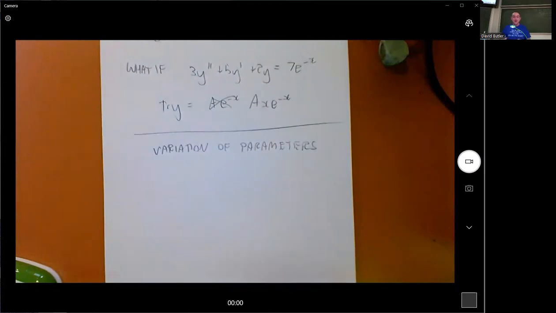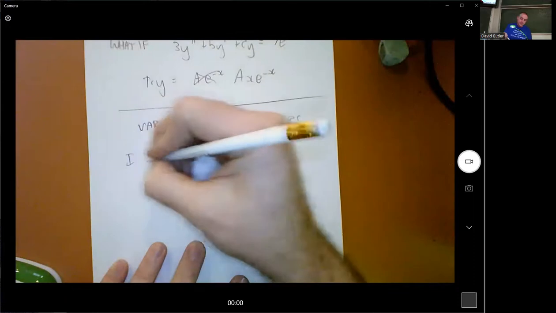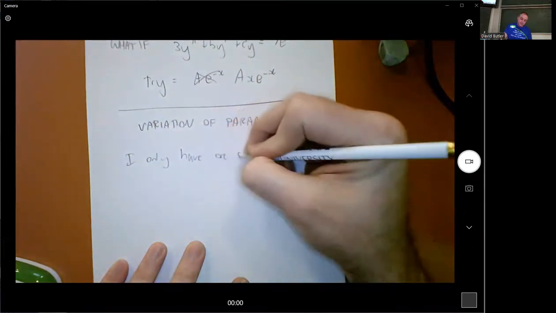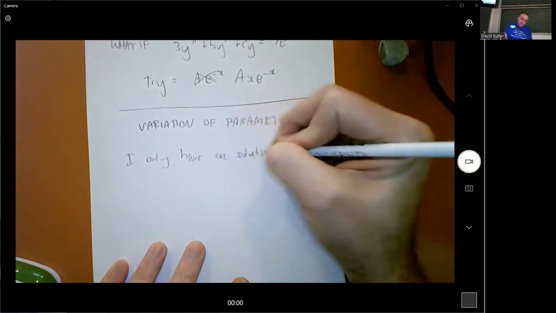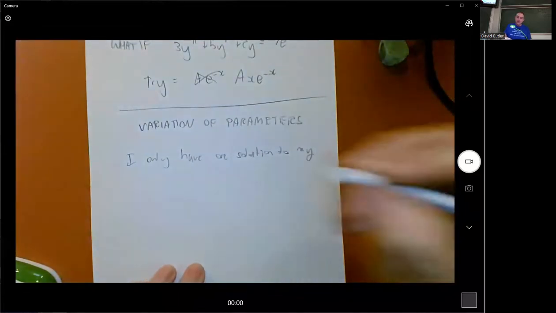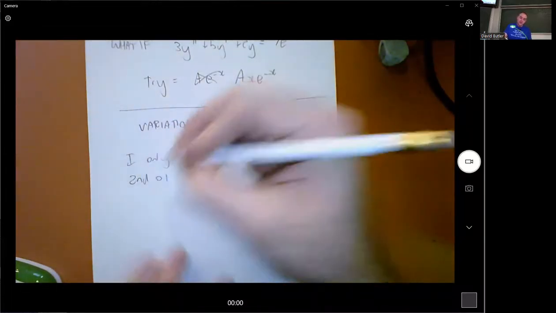Okay. Variation of parameters is designed to solve the problem of I only have one solution to my second order ODE, homogeneous.